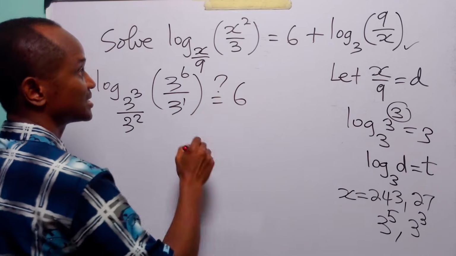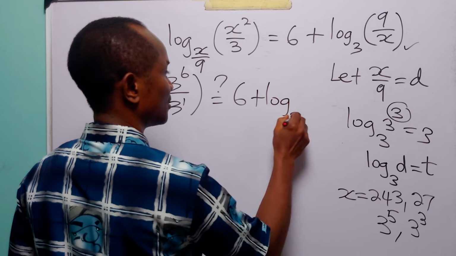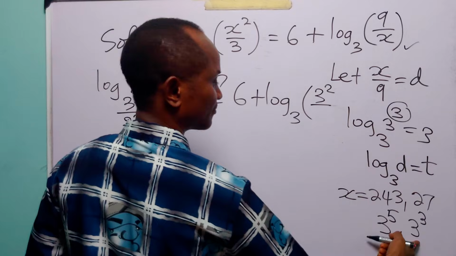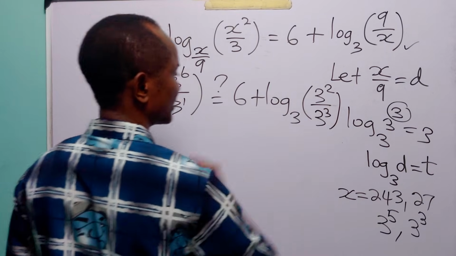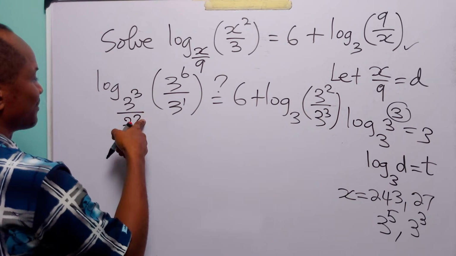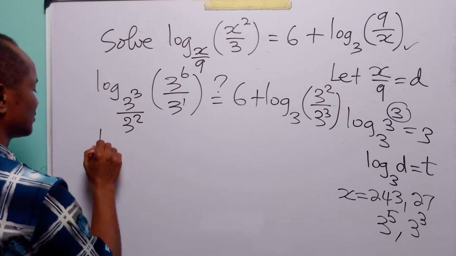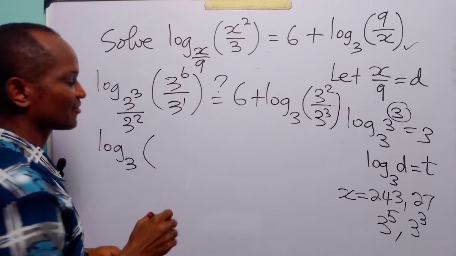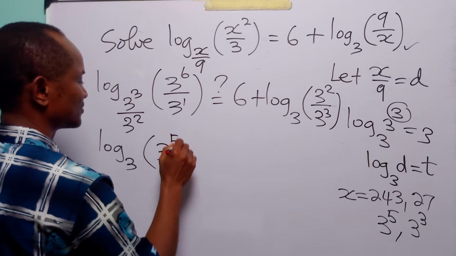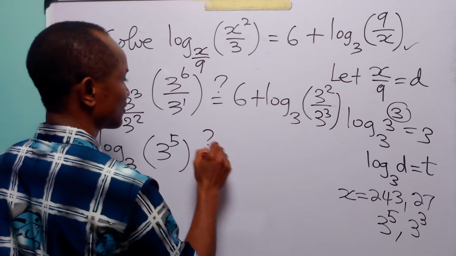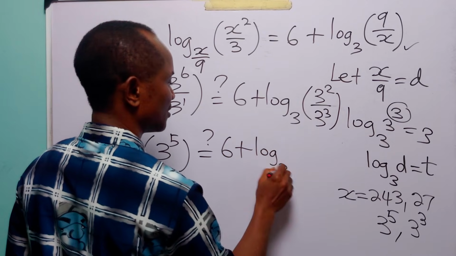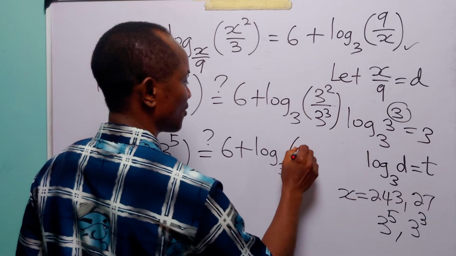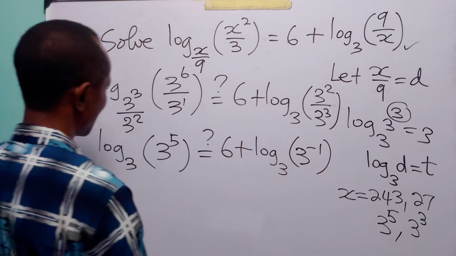Is this equal to 6 plus log to base 3 of 3 squared divided by 3 to the power 3? 3 minus 2 is 1. So we have log to base 3. 6 minus 1 is 5. So we have 3 to the power 5. Is this equal to 6 plus log to base 3 of 2 minus 3, which is minus 1? So this is 3 to the power minus 1.